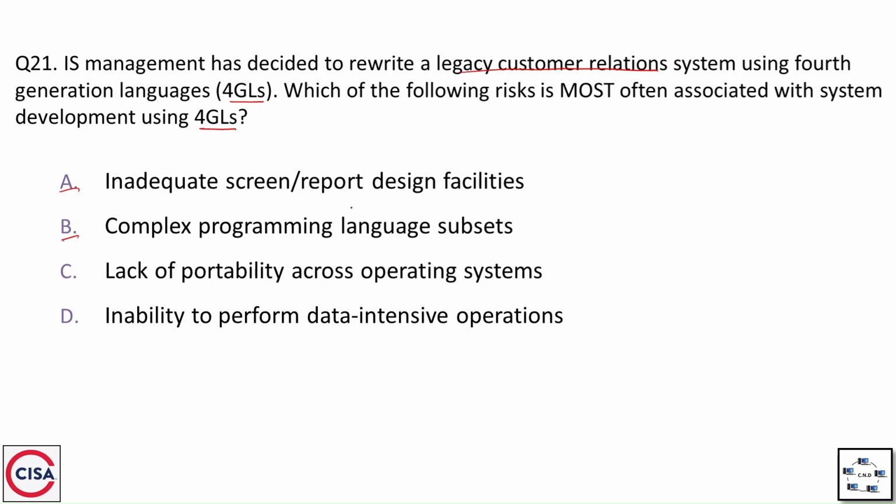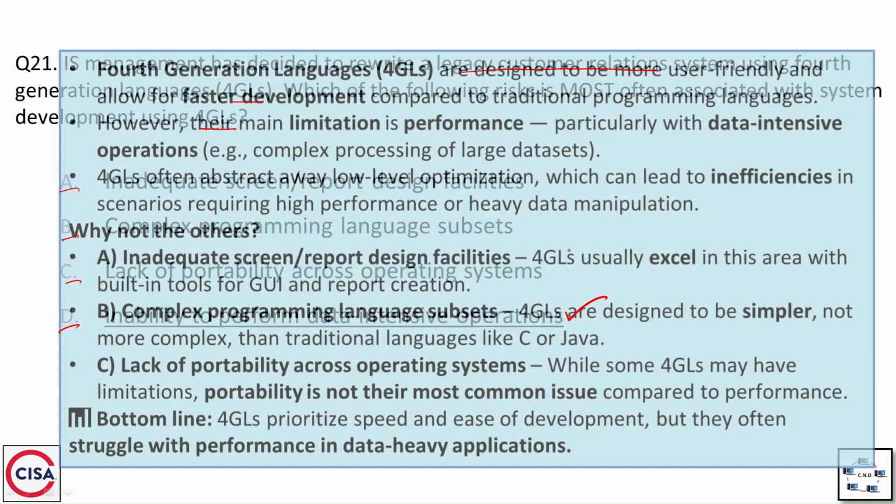Option B, complex programming language subsets. Option C, lack of portability across operating systems. And option D, inability to perform data intensive operations. And the correct option is option D, inability to perform data intensive operations.